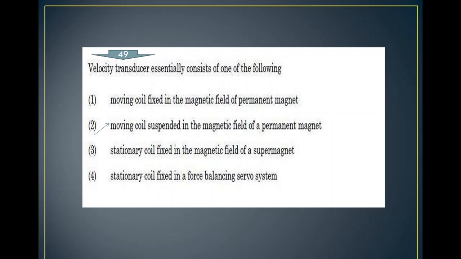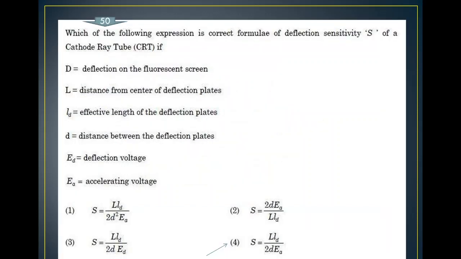Next question, question number 50. Which of the following expressions is the correct formula of deflection sensitivity S of a cathode ray tube, CRT? If D is the deflection on the fluorescent screen, L is the distance from the center of the deflection plate, l is the effective length of the deflection plate, and d is the distance between the deflection plates, Ed is the deflection voltage, Ea is the accelerating voltage.